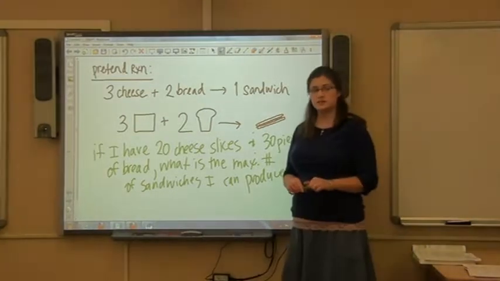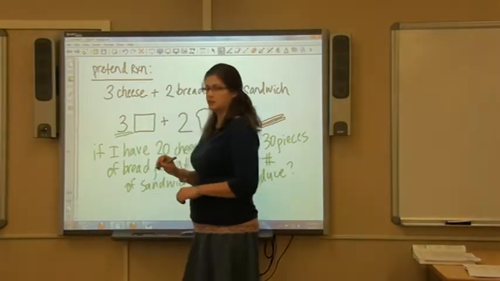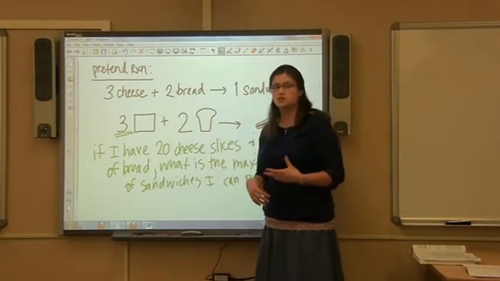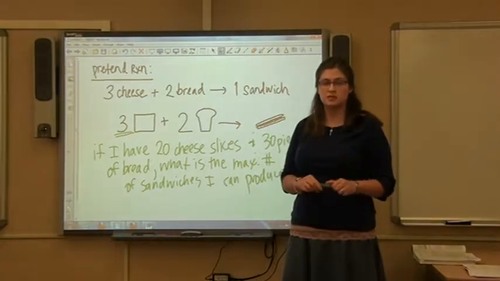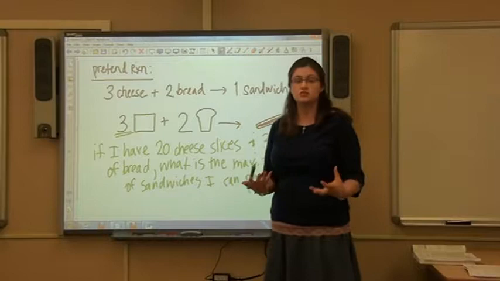If you have 20 slices of cheese, you need 3 slices for every sandwich. So what's the most number of sandwiches you can make with 20 slices of cheese? 20 divided by 3 is a little bit less than 7. So I can make 6 total sandwiches.